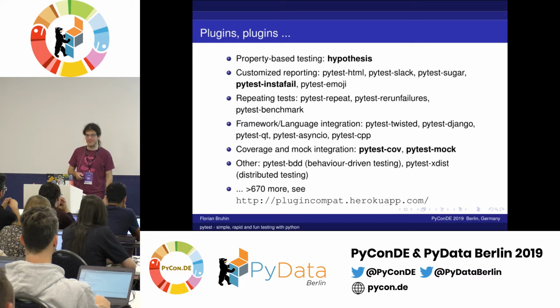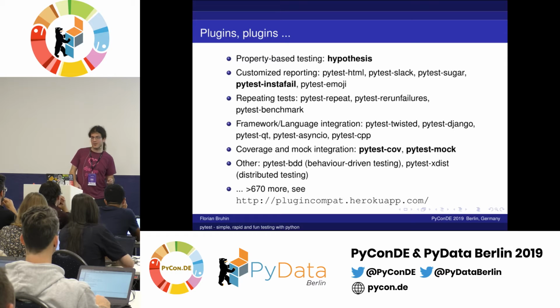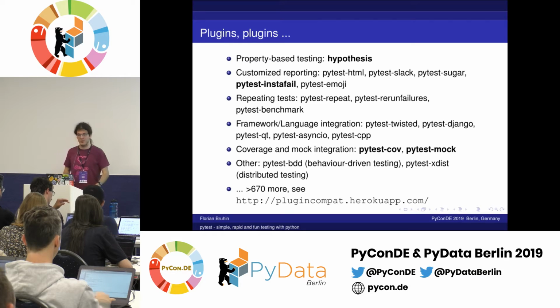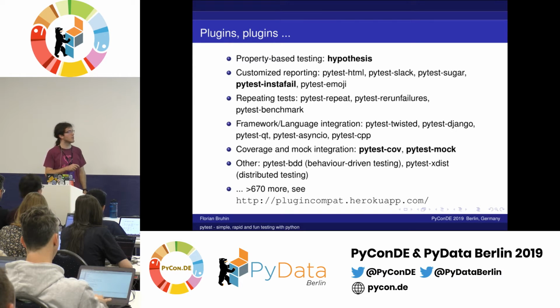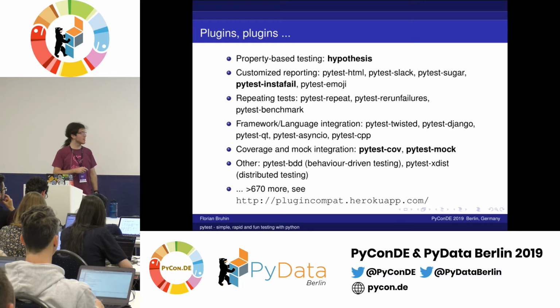There is pytest-instafail, which can be useful if your test suite runs more than a couple of seconds, because it prints the output immediately instead of printing it at the end. And all kinds of other reporting plugins. Want a Slack message when your test fails? There's a plugin for that. There are different plugins around repeating tests, for example, if you want to run a test 10 times for whatever reason, or want to write benchmark tests.